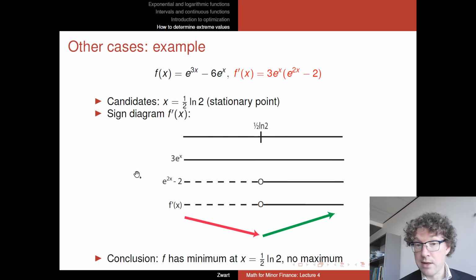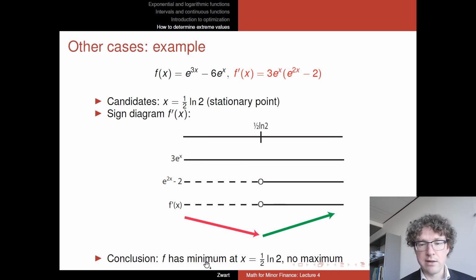by looking at the signs of the individual factors, and we figured out, oh yeah, indeed, f prime is negative on the left hand side of the stationary point. It's positive on the right hand side of this stationary point. So there's this unique sign change at the stationary point. And from this we see indeed that this candidate stationary point x equals a half log 2 is the minimum of f.